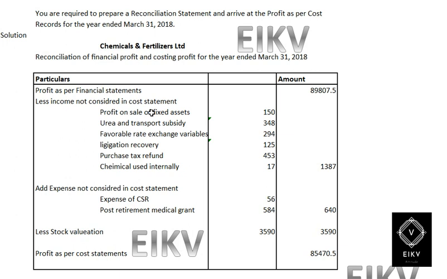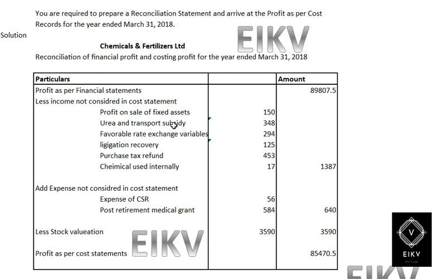So when we check this, the profit of rupees 150 has been already included in 89,807. So when we are arriving at the costing profit, we need to deduct the profit on sale of fixed asset from 89,807, right? Yes.